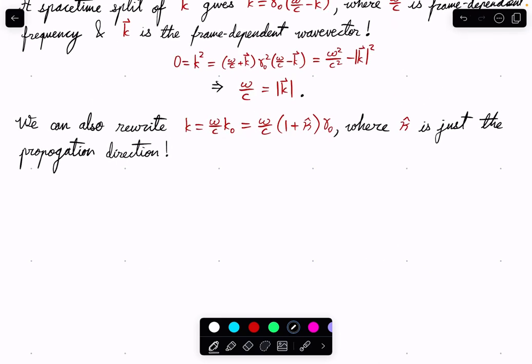So this kappa is just the propagation direction of the wave. And an important thing to note is that this k naught is unitless. It doesn't have any dimensionality. So all the dimensionality is encoded here and none of it in here.